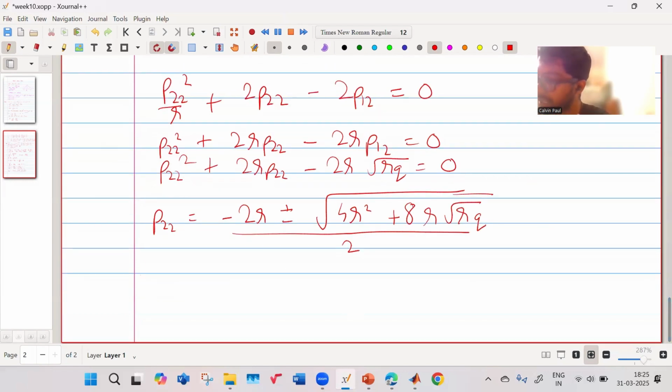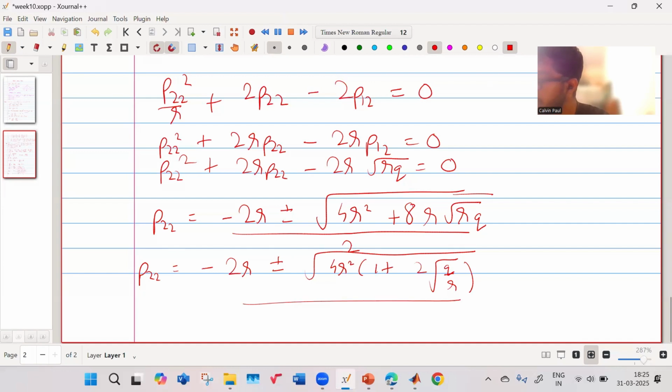So this we can write as p22 is equal to minus 2r plus or minus square root of 4r square times 1 plus 2 square root of q upon r, upon 2.